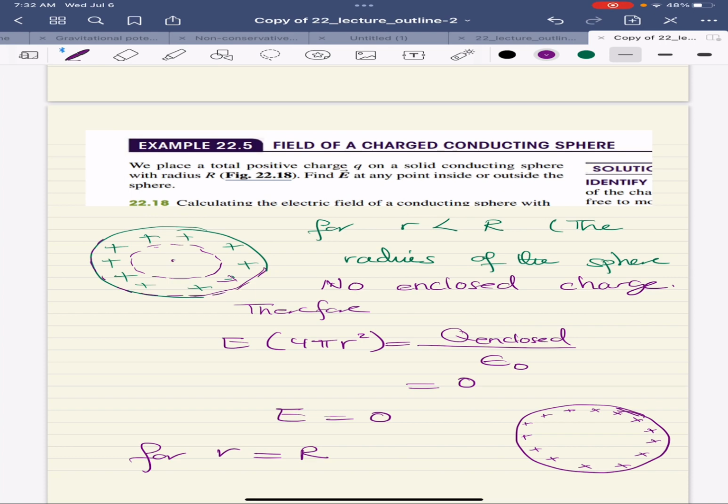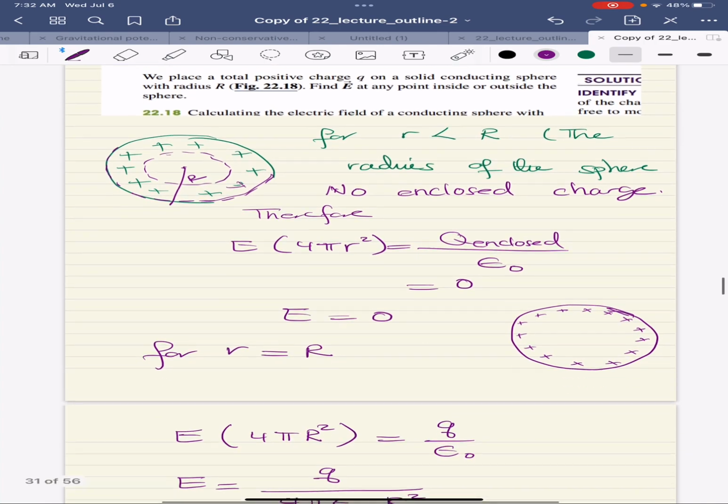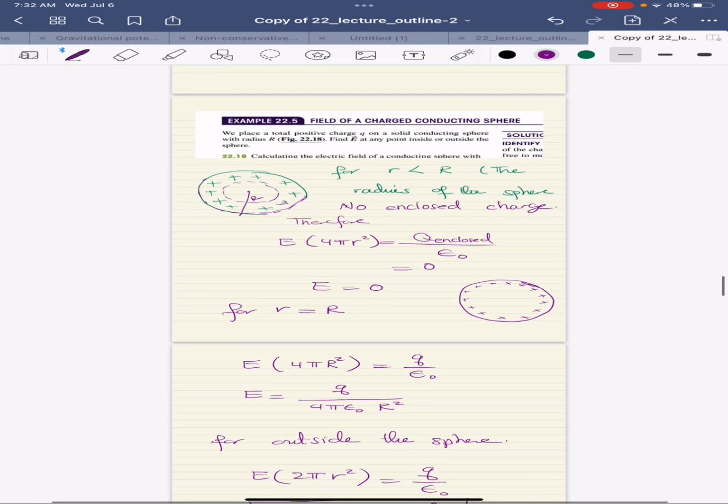This is the center, this is R, and therefore E times 4 pi R squared equals Q over epsilon 0, and then E is Q over 4 pi epsilon 0 R squared. And this is consistent with the results that we got from the integration that we did in chapter 21.